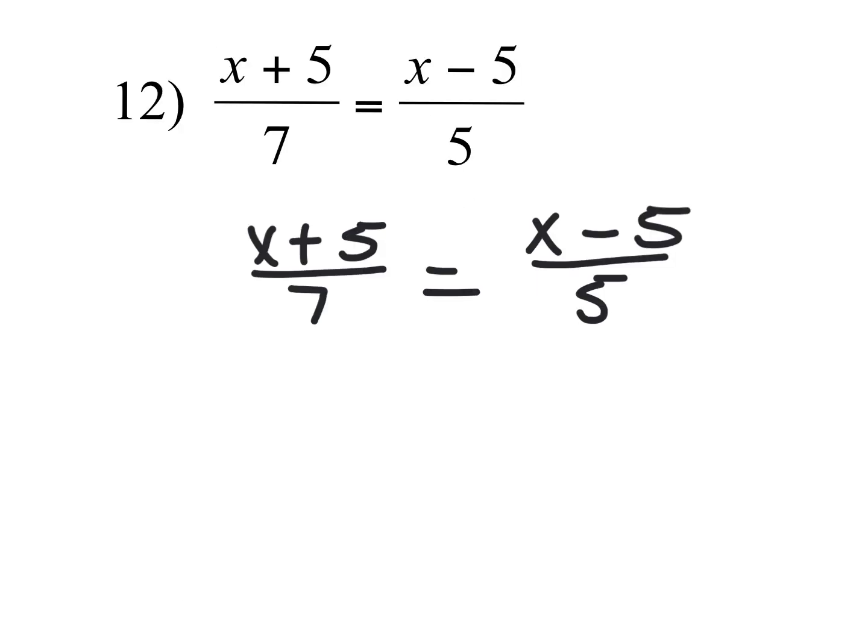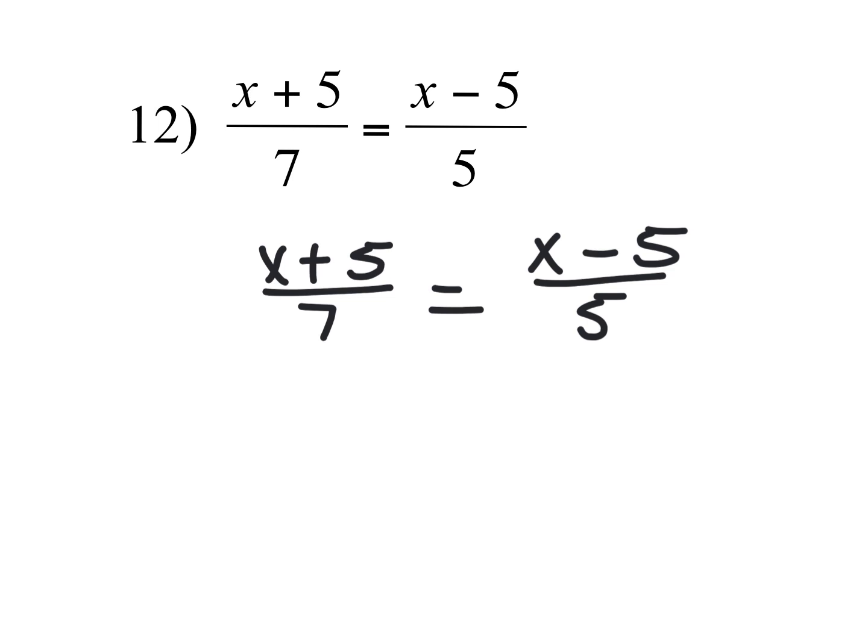Okay, so number 12, we've got the same thing happening that was happening in the last one. This x plus 5 and x minus 5 are trapped above the 7 and the 5. So the first thing we need to do is cancel that 7 and the 5. I'm going to do the 7 first. How do you cancel out dividing by 7?